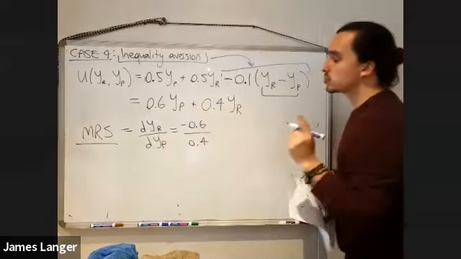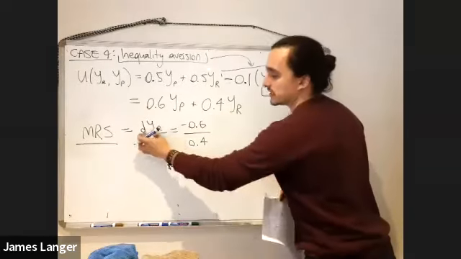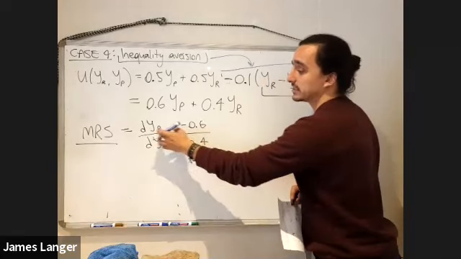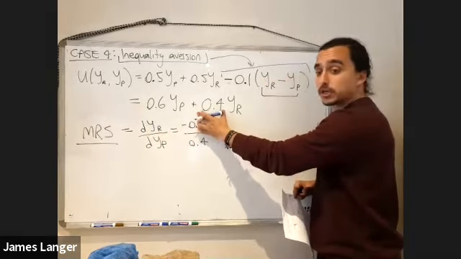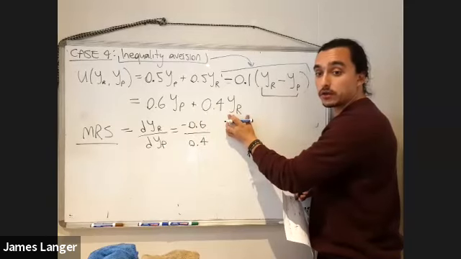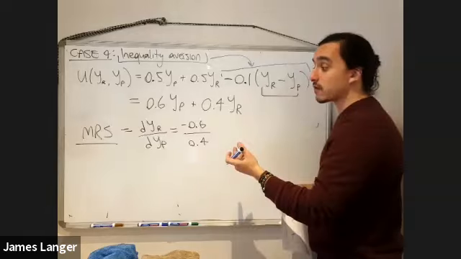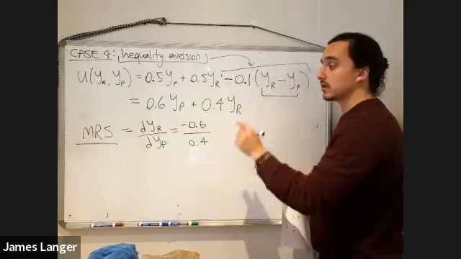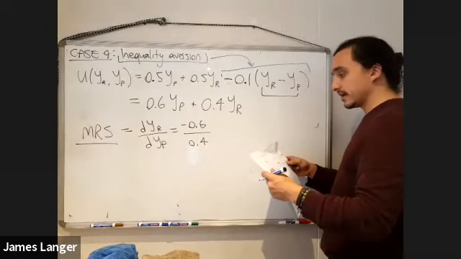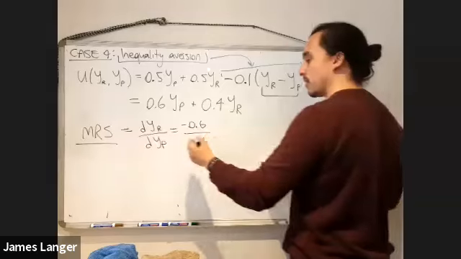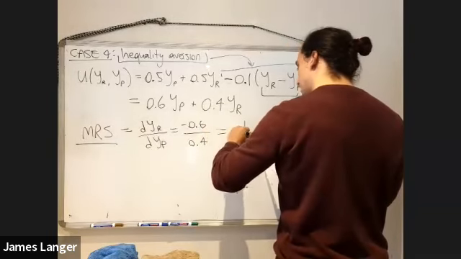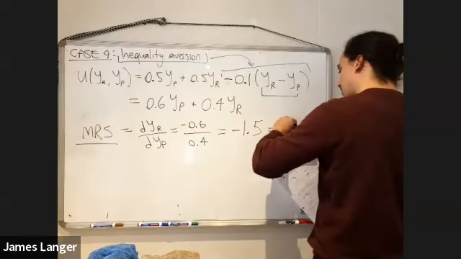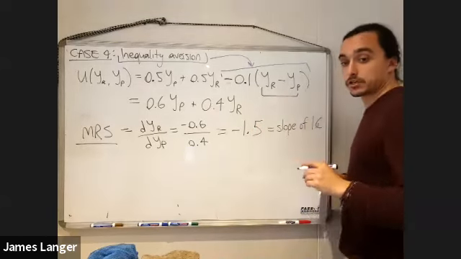Please, guys, do not go and put, you see dYR, I put 0.6 here. So don't just assume that dYR means 0.4 because it's next to YR. Rather, it's the other way around. So please ensure that you understand that. So what we do is we say minus 0.6 over 0.4 is equal to minus 1.5. That's going to be our MRS, and that's going to be the slope of my indifference curves.